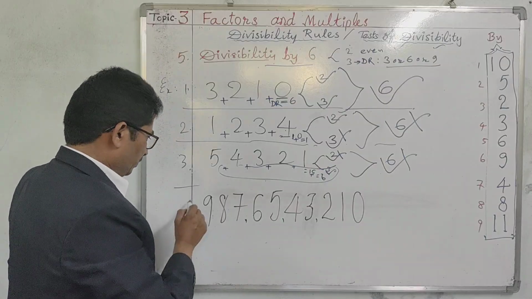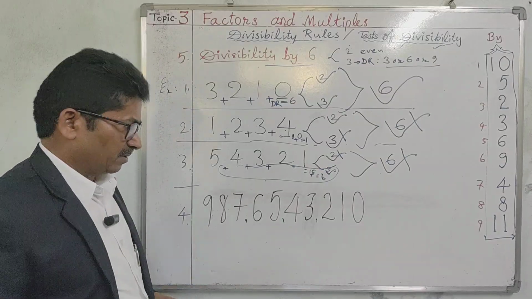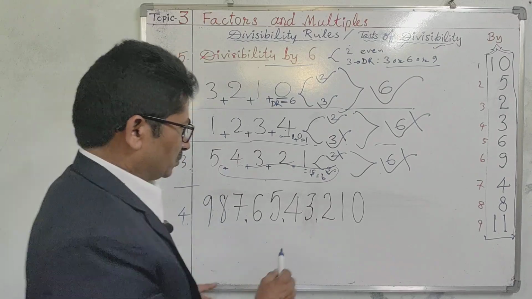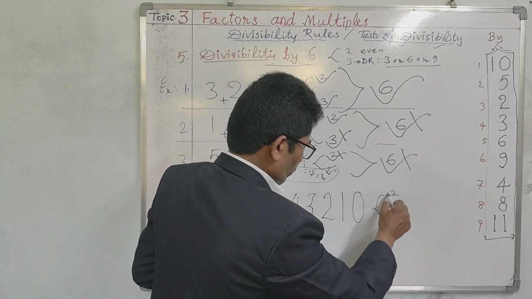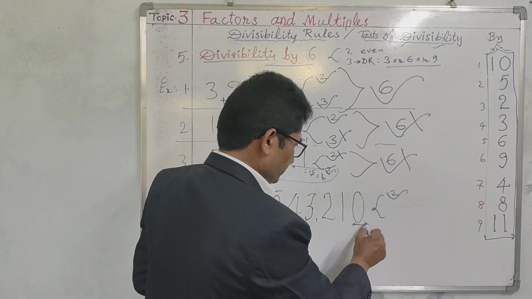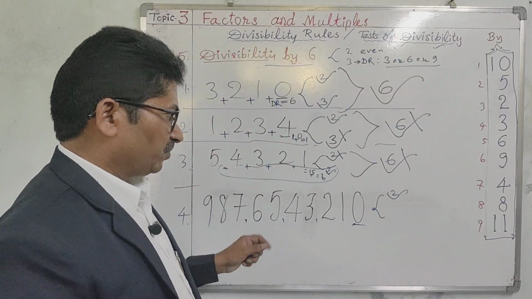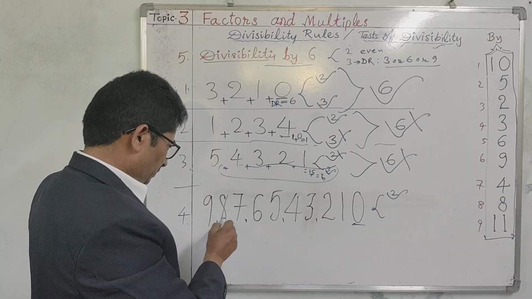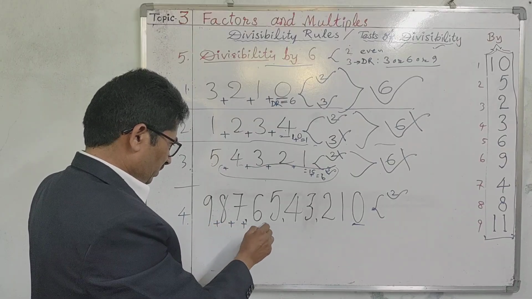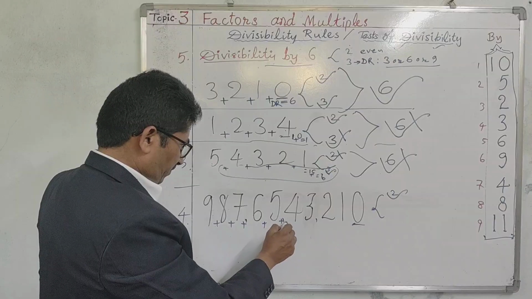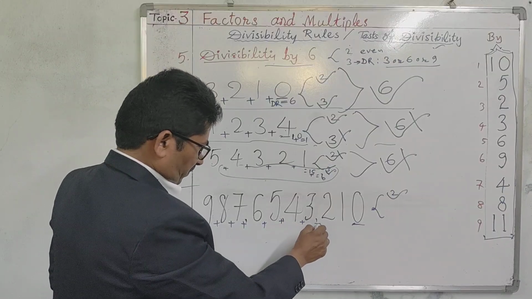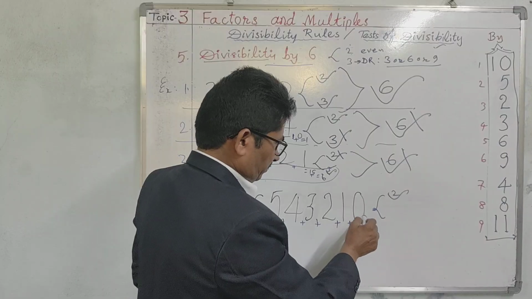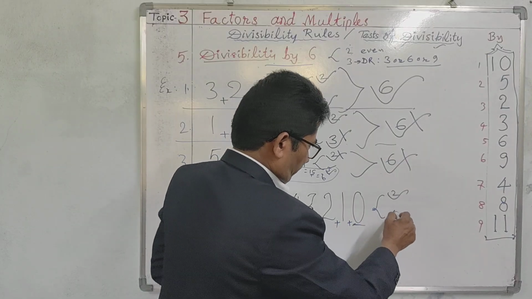Next, fourth example. Here is a big problem. So this is divisible by 2 because it is an even number. Is this divisible by 3? We can check. 9 plus 8, 17, 24, 30, 35, 39, 42, 44, 45 plus 0, 45.